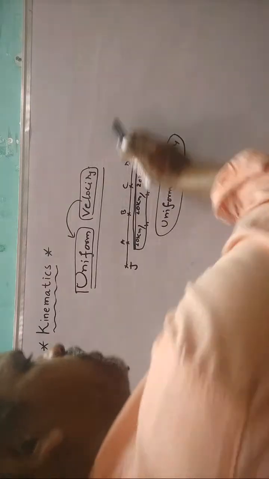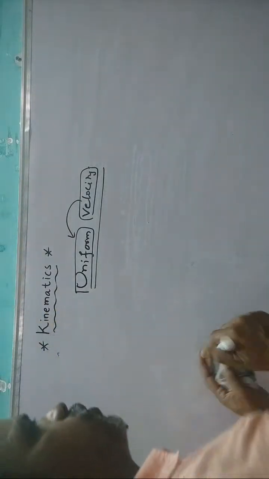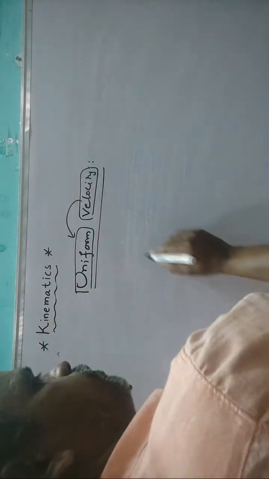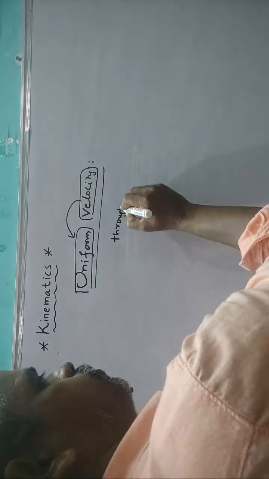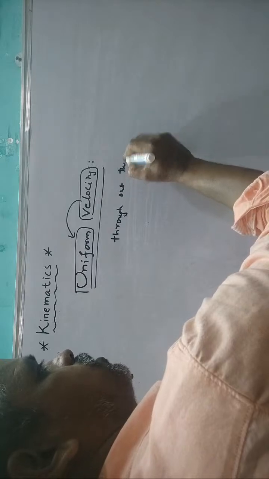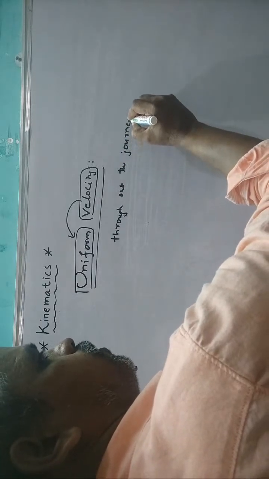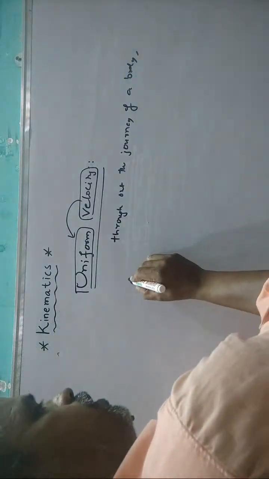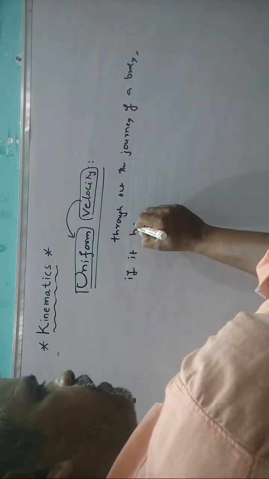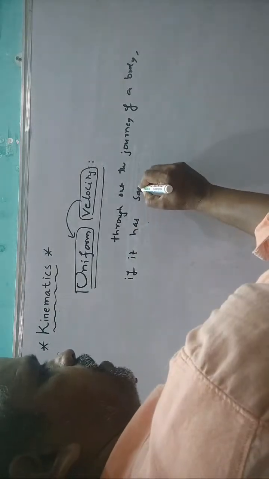So for this one, you write simply: uniform velocity is when a body has the same velocity throughout the journey.